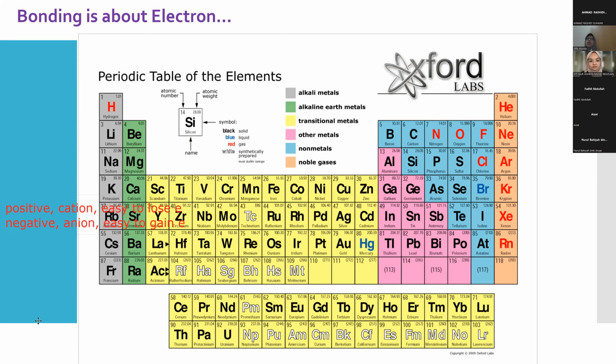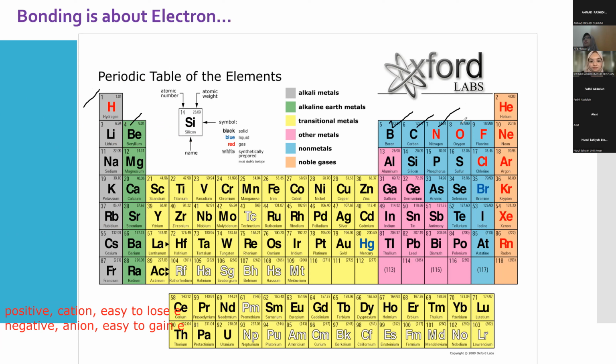Where is the group of elements that easily lose electrons? What's the number of the group that easily loses electrons?